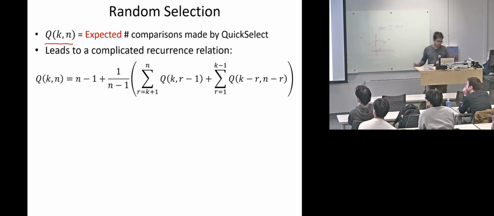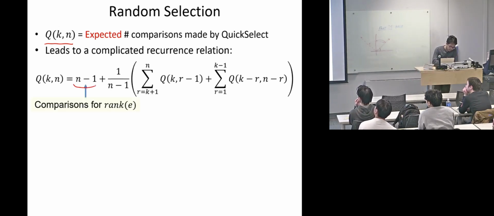Let me explain. This term is just the cost of computing the rank of E. After that, if the key k is exactly the rank of E, then you are done.